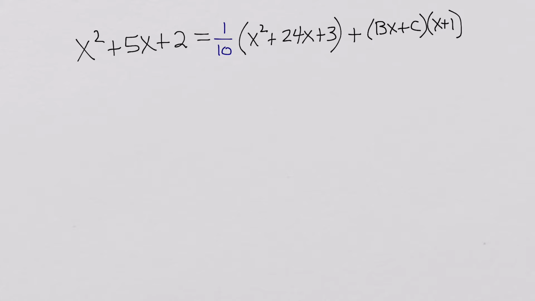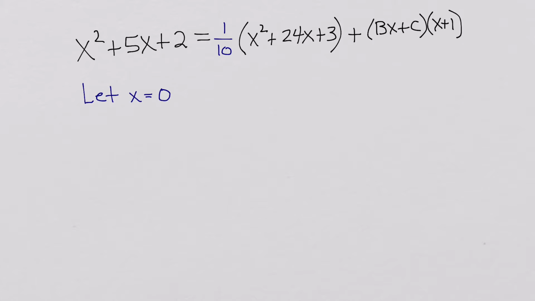So, what are some options? I could let x equal, let's see, what would be good? Well, I'm looking in particular at my bx plus c factor, and if x were equal to 0, then the b would go away altogether, which would be nice. So let's go ahead and do that. Let's let x equal 0.